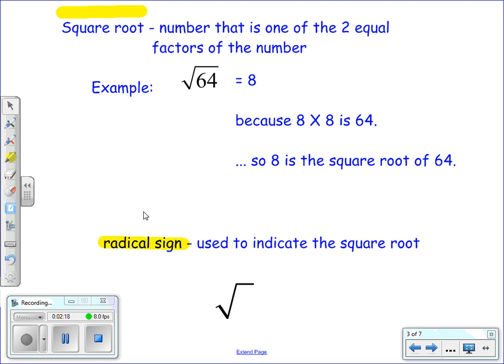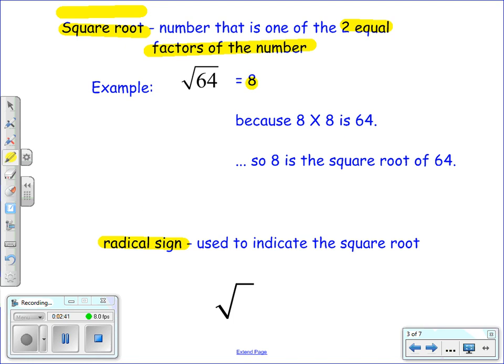Square roots. A square root is one of the two equal factors of a number. So, for example, if we have 64 as a number and we want to find the square root of it, that square root is 8.